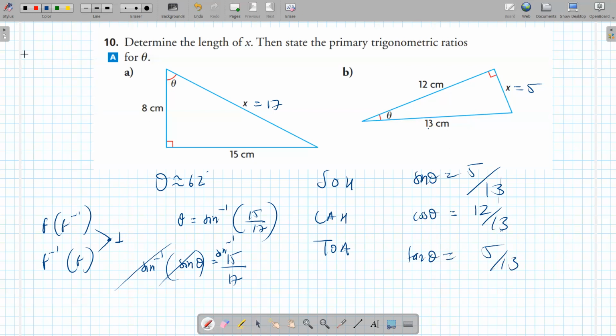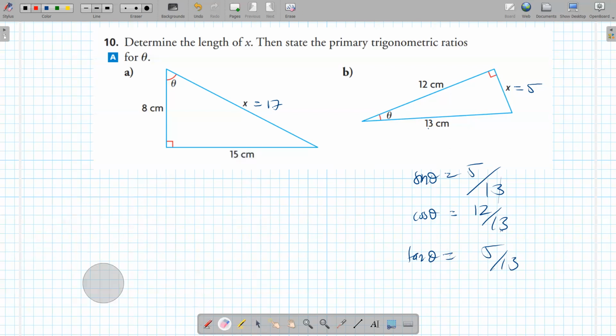And if you want to find the actual angle, since you have all three ratios, you can just do inverses, and all three of the numbers will be exactly the same. So you can do a sine inverse of 5 over 13. That angle is going to be exactly the same as cos inverse of 12 over 13.